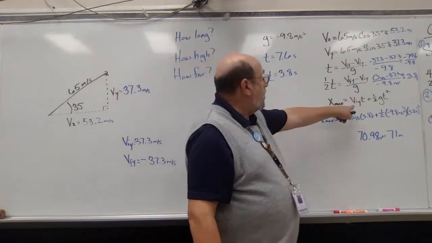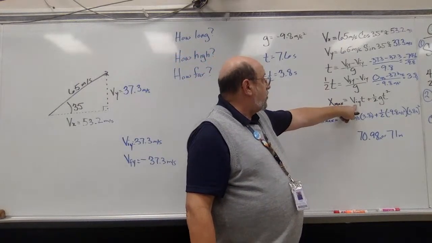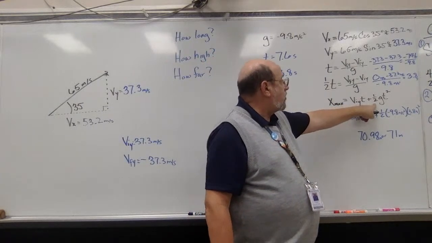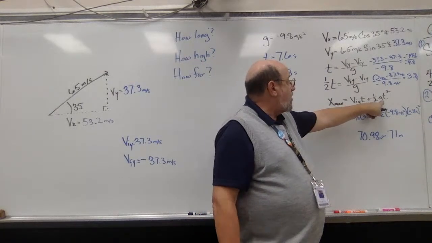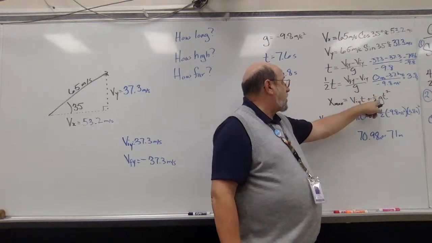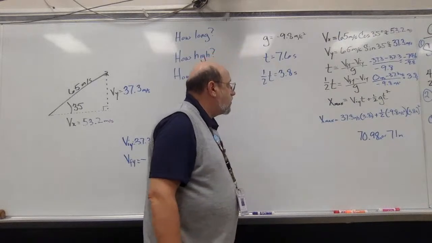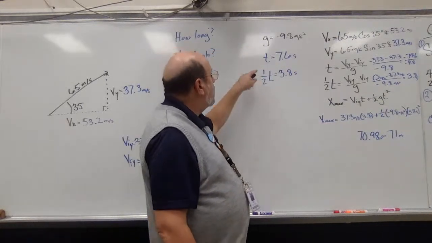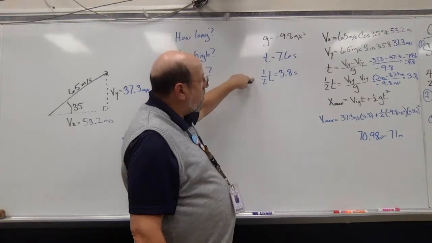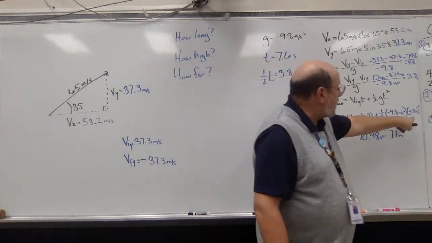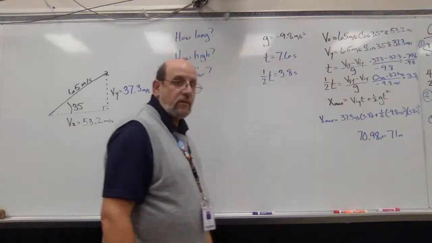Now we're going to use the initial vertical velocity times the time plus 1/2 times gravity, negative 9.8 meters a second squared, times the time squared. But at max height, remember, this is the time we're going to use. So you'll see I use 3.8 seconds and 3.8 seconds.